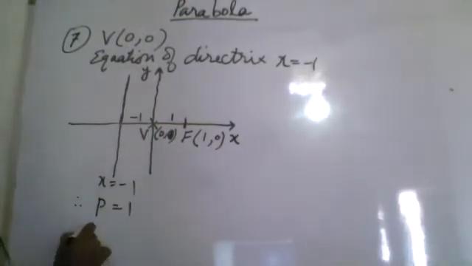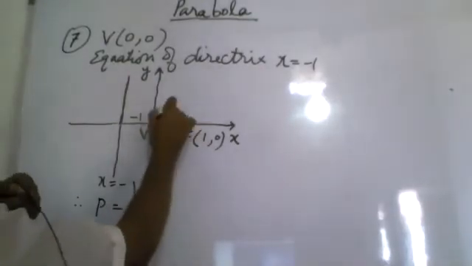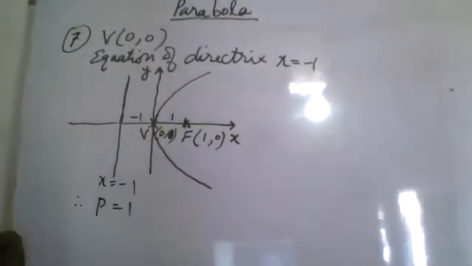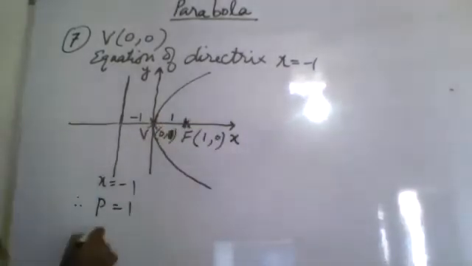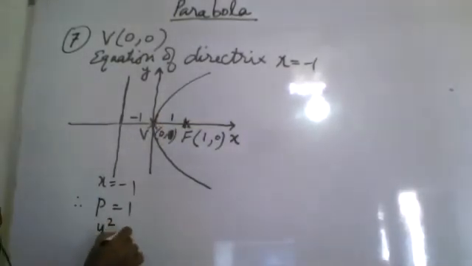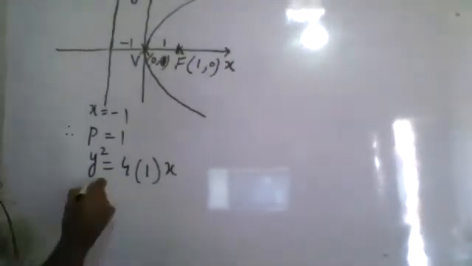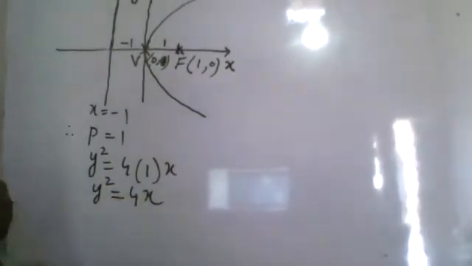This is the focus, and the parabola will open in this way, on the positive side of the x-axis. So y square is equal to 4 into the value of p, 1, into x. So y square is equal to 4x.